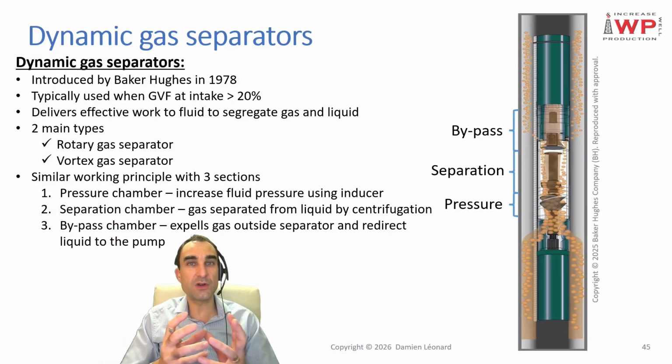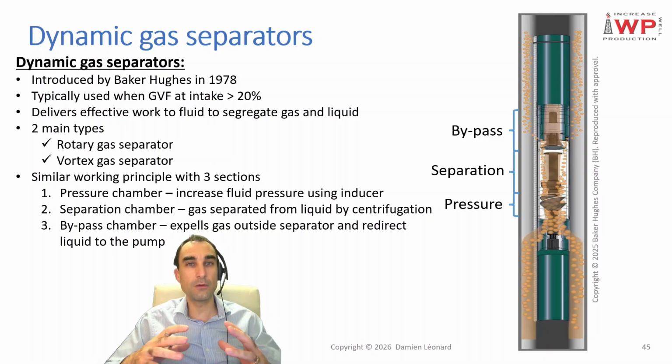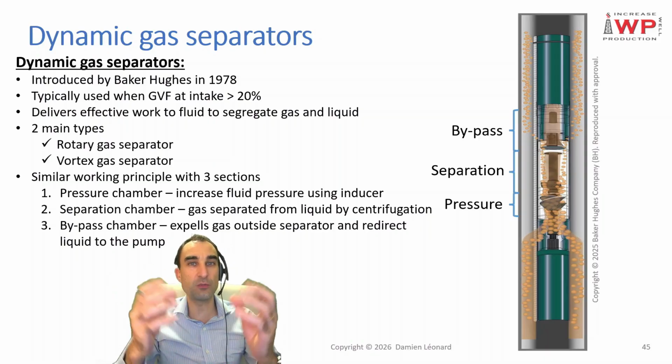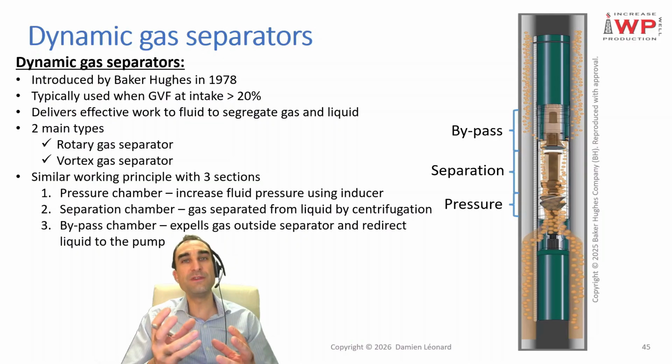The pressure added to the fluids inside the pressure chamber is required to be able to expel the fluids across and outside of the separation chamber. The separation chamber we also call the residence chamber. A rotating movement is transmitted to the fluids.